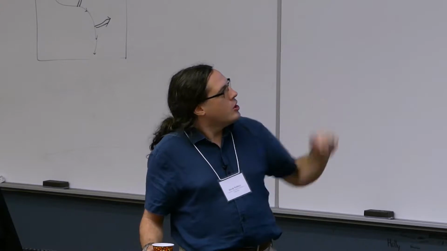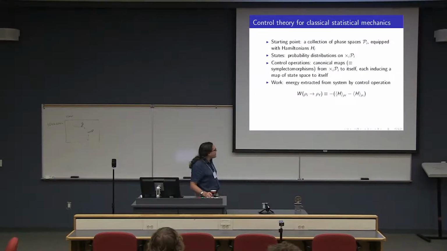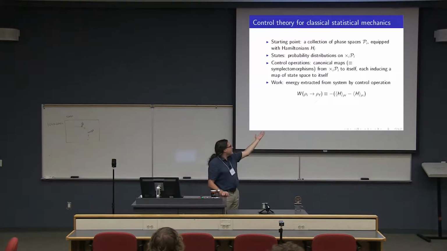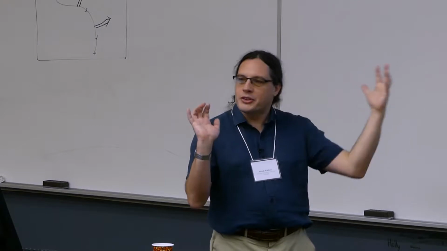So the work involved in going from initial state rho I to final state rho f is minus, just by convention, the difference between the expected value of the Hamiltonian on rho f and the expected value on rho I. There are ways of characterizing what we want to get out from a resource theory that don't look at the expected energy, that look at other functions. I'm just looking at the expected energy for these purposes.